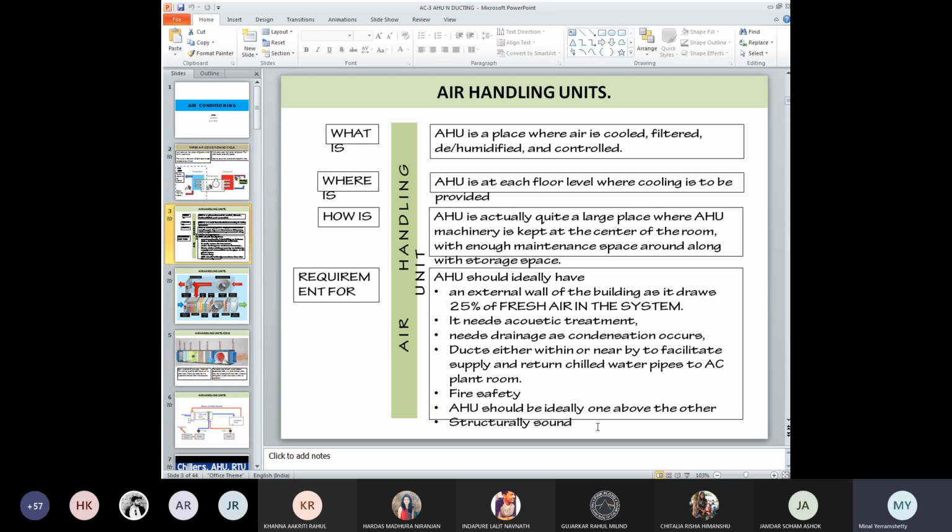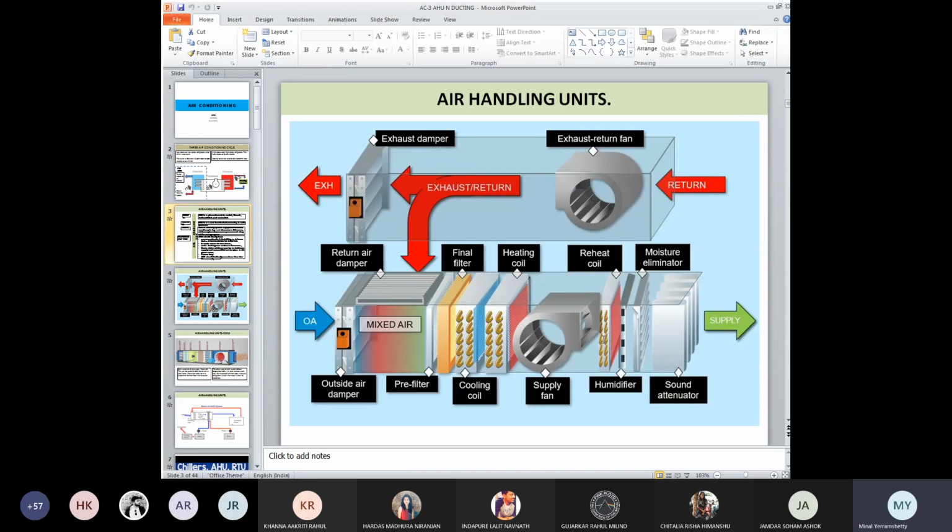My slab has to be designed to take that, otherwise vibrations can be passed on, like what we studied in acoustics last year. So sound is still okay, but when it's actual structural vibration, it's quite high. Okay, so we don't want that to happen. So these are the air handling units, where it is, how it is, what the requirements are, and this is how it works. Simple, eh?